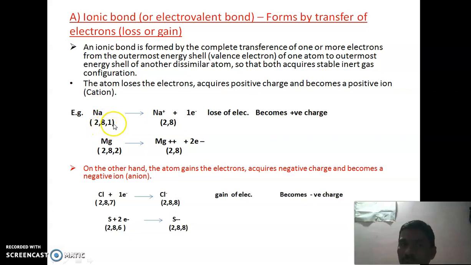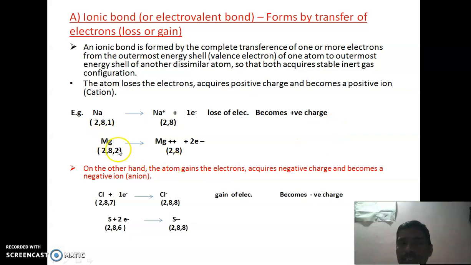Its outermost orbit has 1 electron, which is easily lost to form Na+, with the stable electronic configuration 2, 8. That is, loss of 1 electron gives a positively charged ion, Na+, the sodium ion.